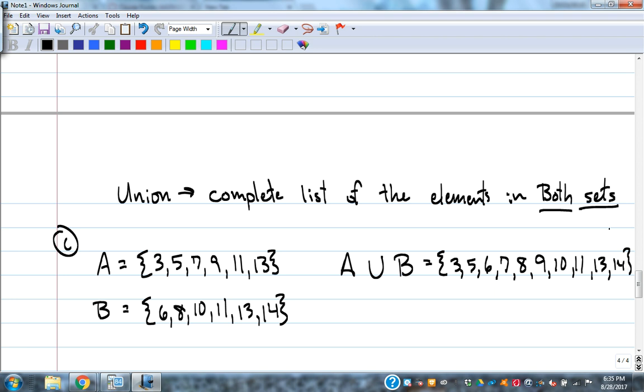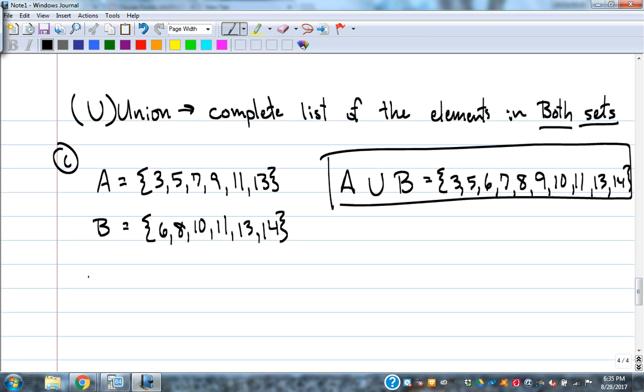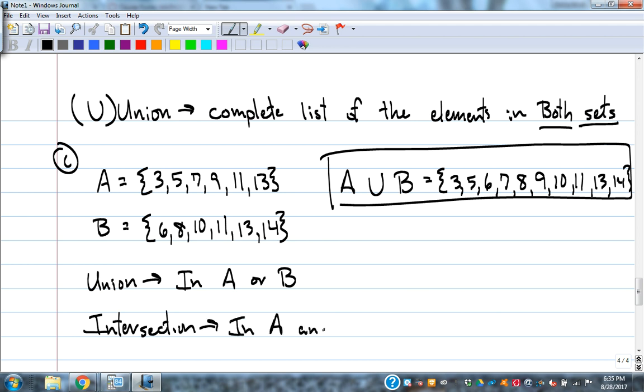Union makes sense, the U shape on the union. A note here: union is in A or B. An intersection is more exclusive, in A and B. It's tougher to be an and than it is to be an or.